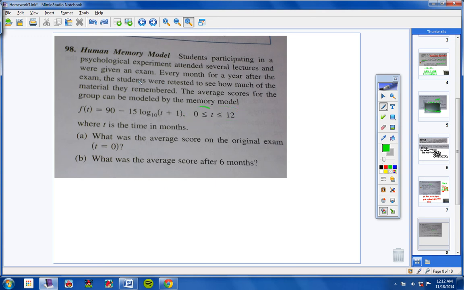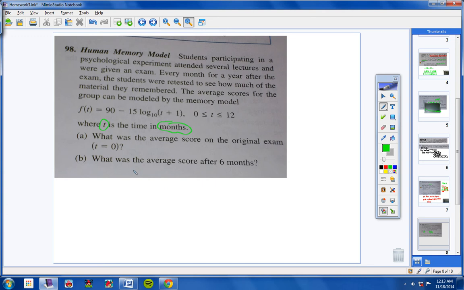Now notice, students, that t is in months. And then here's their question. What was the average score on the original exam? In other words, no time had passed.